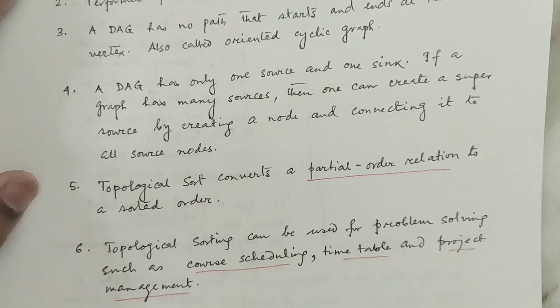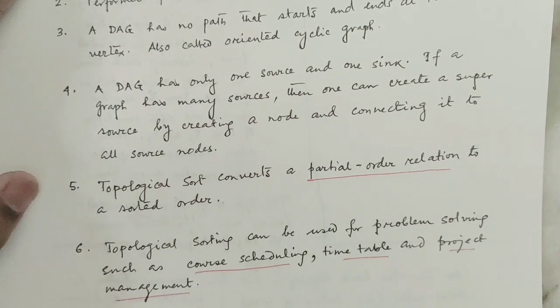Suppose it is G, such that if the graph has an edge from U to V, where U and V are two vertices, then the vertex U must appear before the vertex V in the linear ordering list. Okay, and topological sort is performed for directed acyclic graphs, and it aims to arrange the vertices of the given DAG in a linear order. Thus we call a DAG an essential and necessary condition for topological sort.